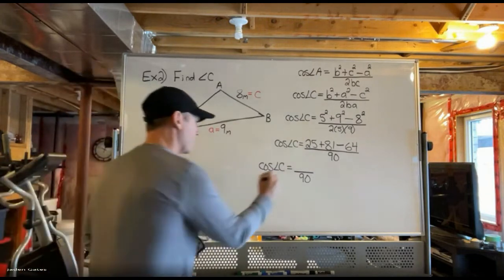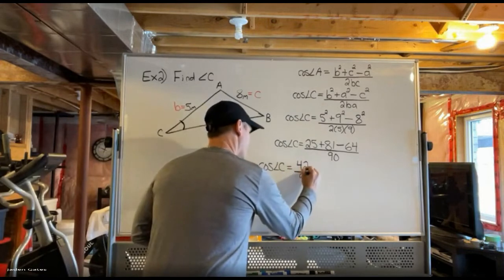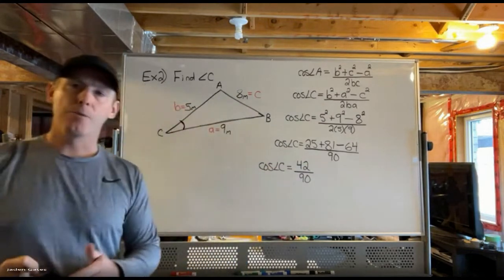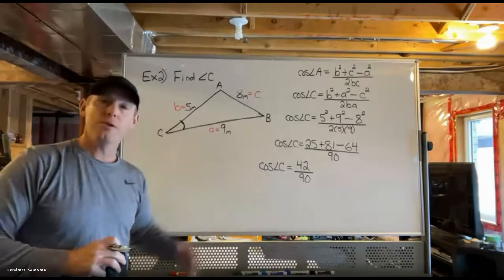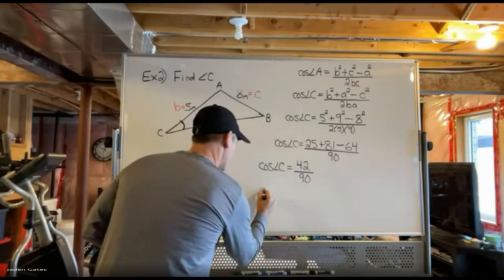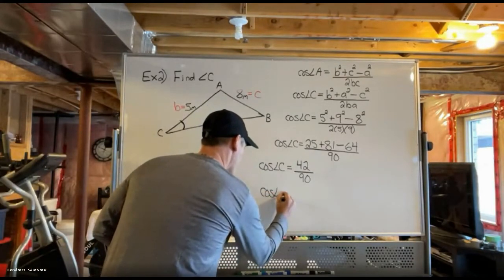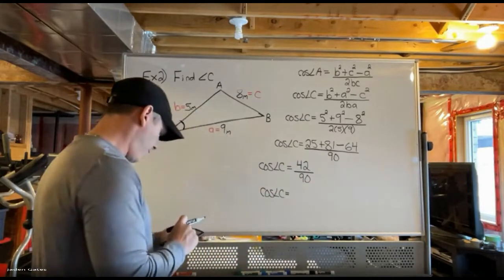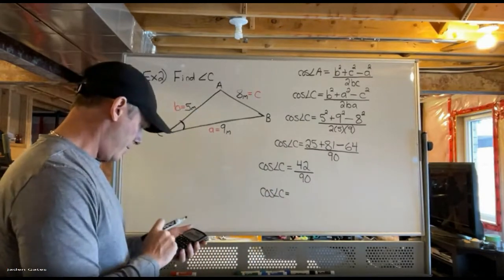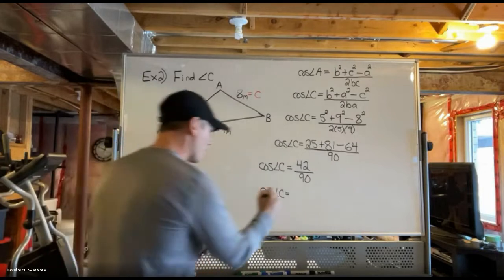I get a 42. All right. So now I'm going to change that fraction there to a decimal. And let's see here. I get 42 divided by 90. I get 0.47.